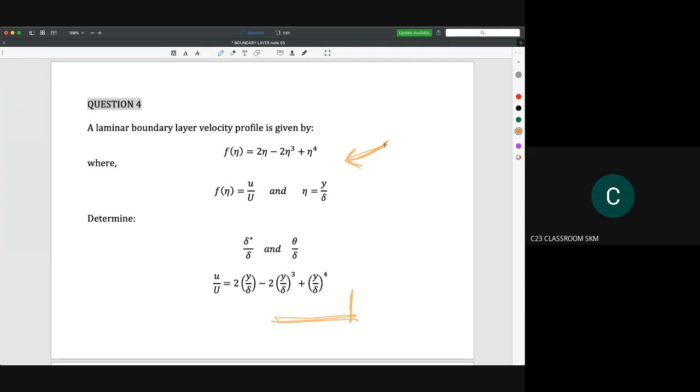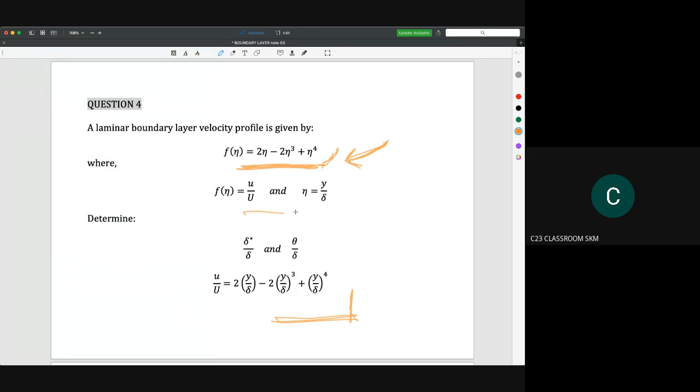In this example, we give you the velocity profile using eta. It can be written as 2 eta minus 2 eta cube plus eta to the power of 4.